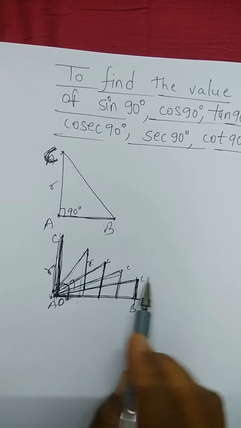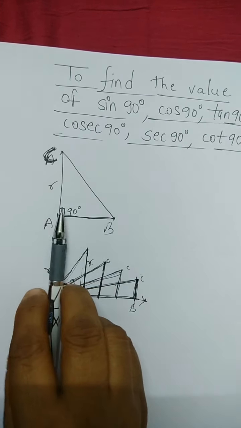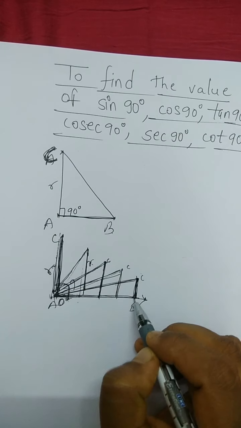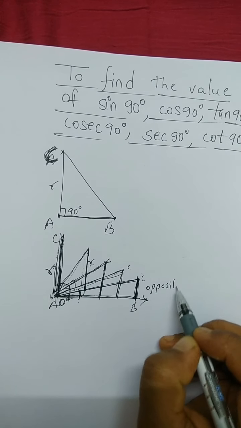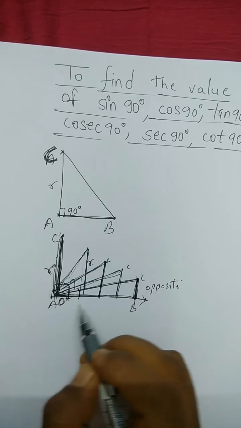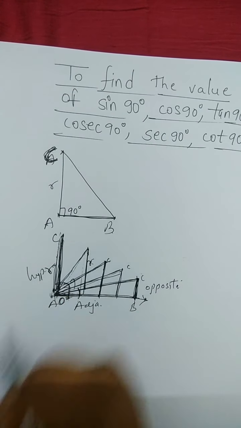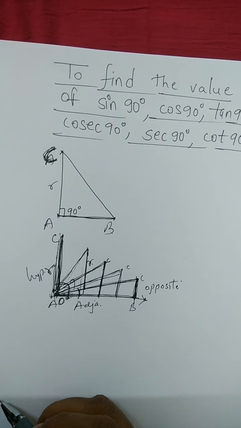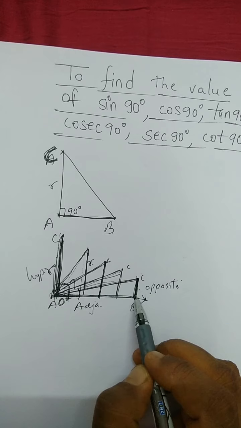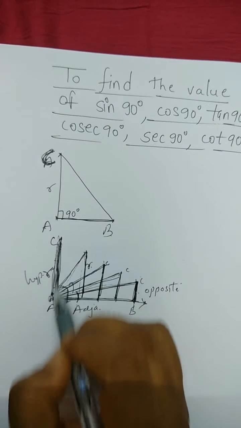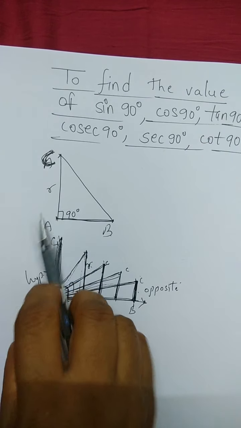CB and AC will become coincident when the angle will become 90. So this is the opposite side, this is the adjacent side, and this is the hypotenuse. So this opposite side will become equal to this hypotenuse when the angle becomes 90-degree.